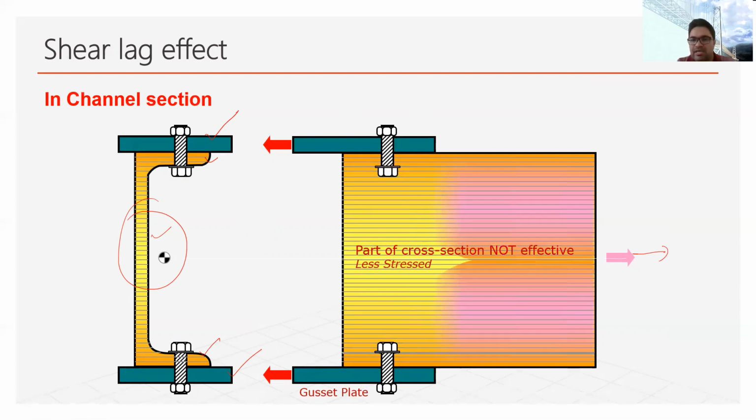There you can see again the red part is under stress, while this yellow part is not taking the load, or it is not effective to take the stress, or this yellow part is less stressed and this red part is more stressed. So when such a thing occurs in the section, we have to reduce the strength of the tension member in such cases where shear lag effect may occur.